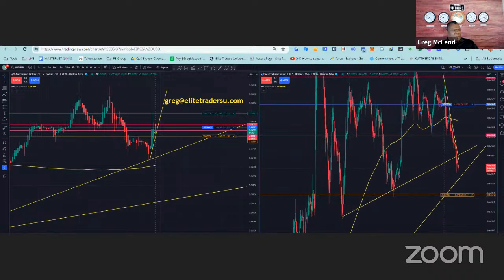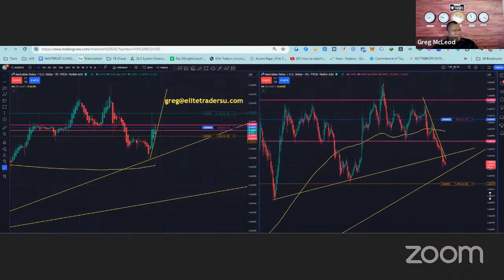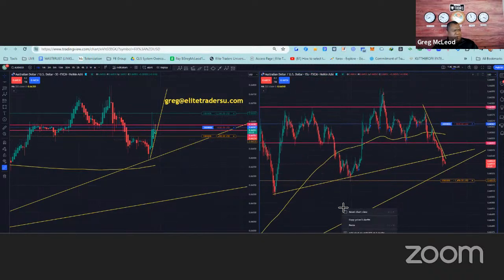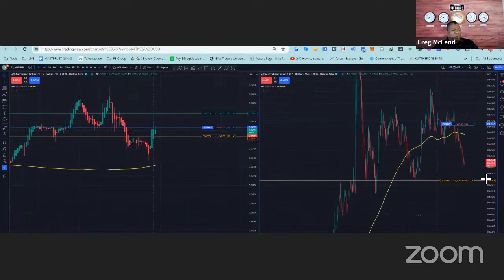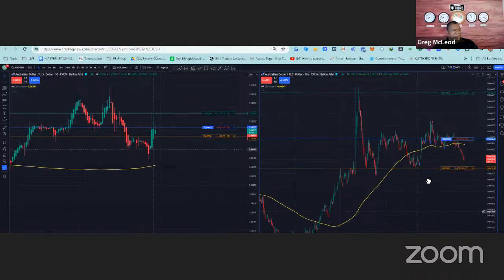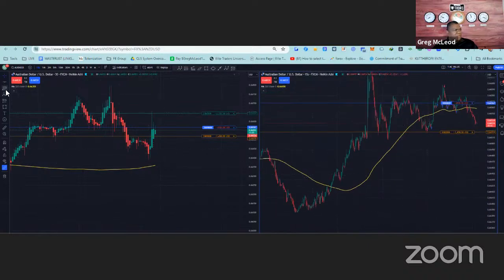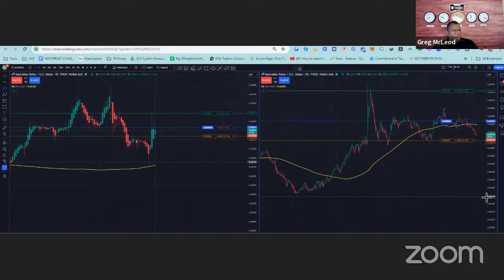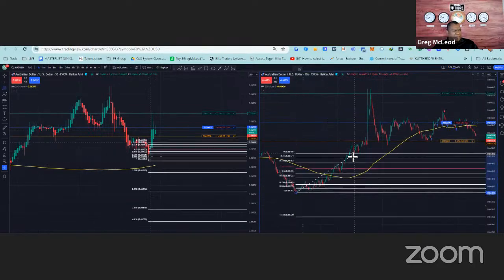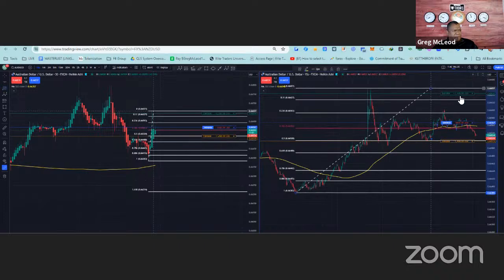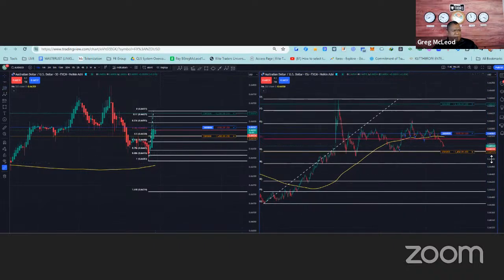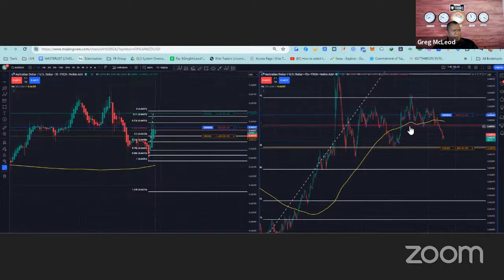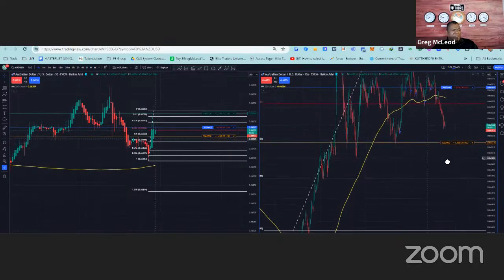What to do is remove all these lines. All these are being broken really fast, right? So I'm just going to take the original fib from the low to the high. Okay, that was a 38% retracement. Our stop happens to be at the 50.